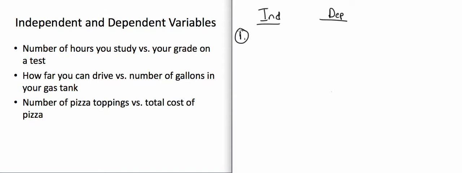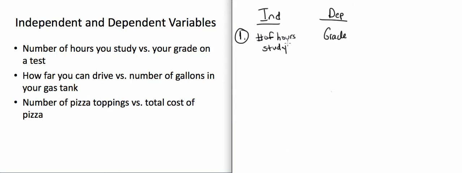Now we're assuming that not everyone's a genius, so your grade here is going to be the dependent variable because it is going to depend on the number of hours studied. The number of hours studied is not dependent on your grade. It's the other way around. Your grade is dependent on how long you studied.